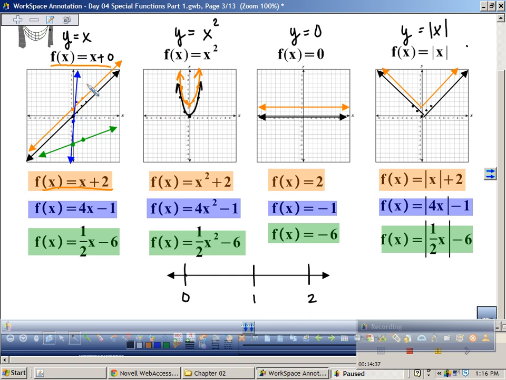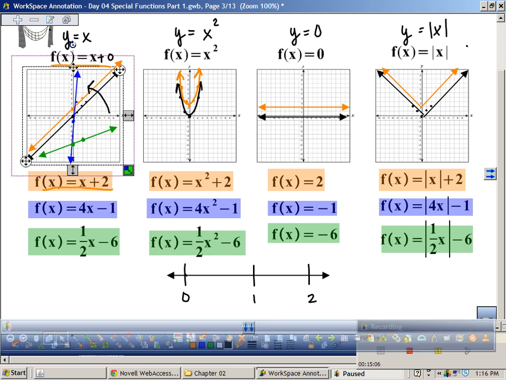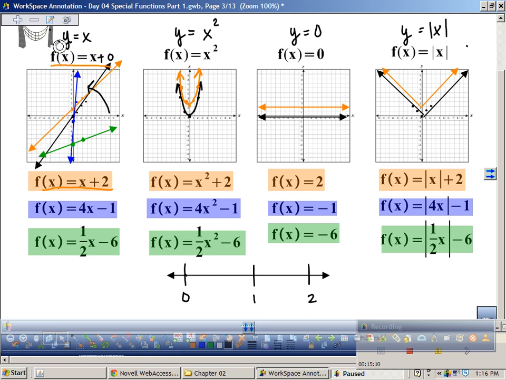Isn't it going further away from 0 if I were to measure it like this? I'll even take this line and adjust it. This is at 0. Here's 1 over 1 with a slope of 1. As my slope gets larger and larger, greater than 1, it gets steeper and steeper.